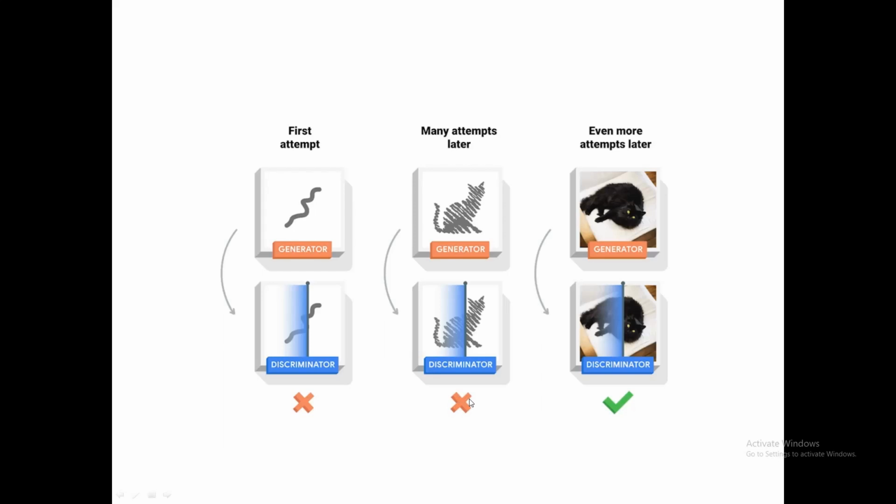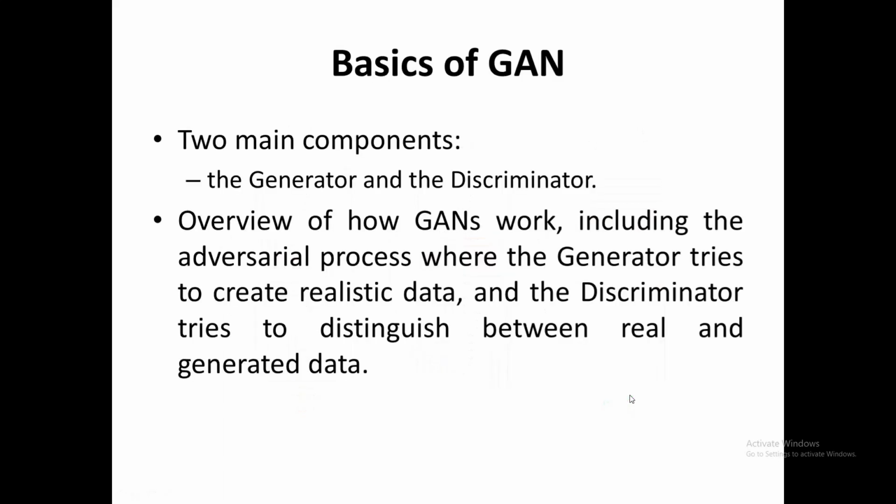In this case also the discriminator finds out this is not a cat. After even more attempts it will tune to generate a cat that looks real, and in that case the discriminator identifies this one as real. So this is the basic thing behind the GAN model. There are two components, the generator and the discriminator.